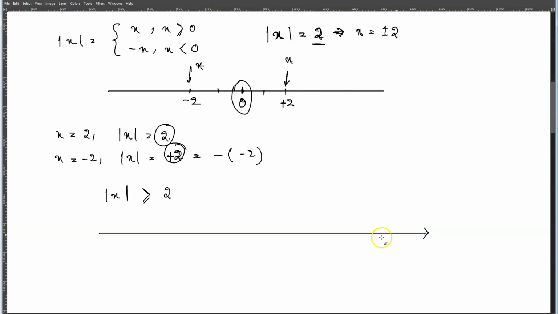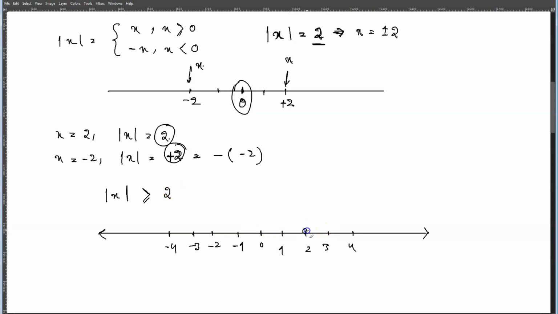Meaning that if I have the number line over here, 0, 1, 2, 3, 4, and that is negative 1, negative 2, negative 3, and negative 4, so I'm saying that x is some value whose distance from the 0 mark on the number line is greater than or equal to 2.